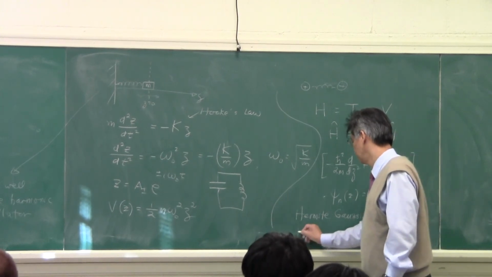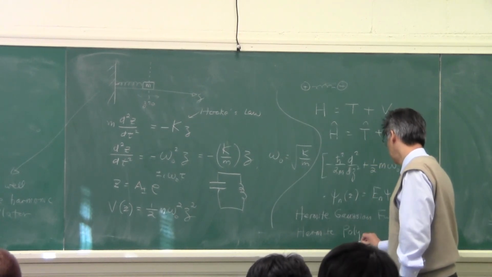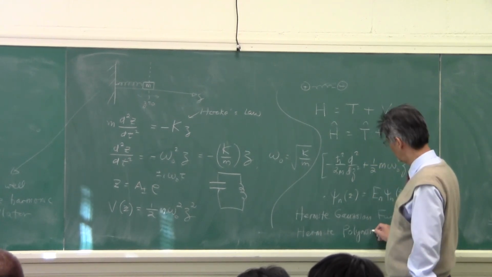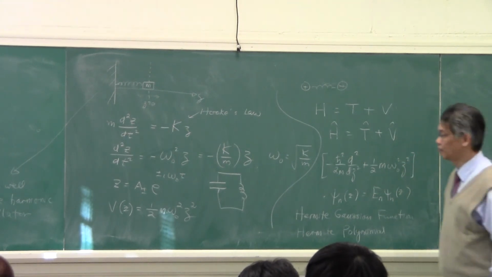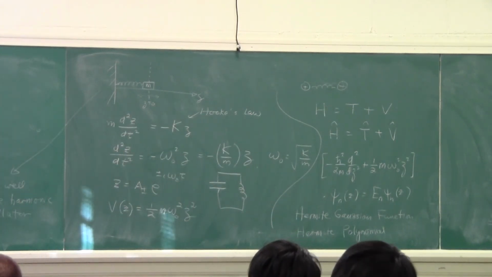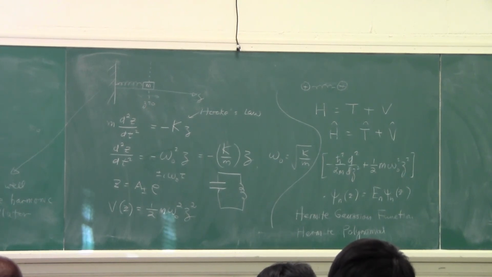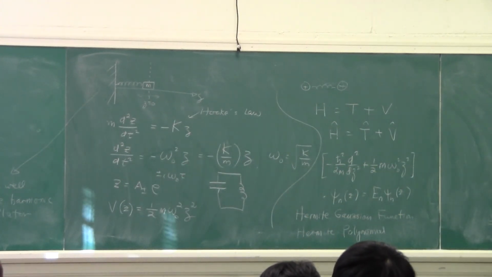And there is a class of polynomials called the Hermite polynomials. But the Hermite polynomials themselves are not enough to describe the physics, because the solution has to be exponentially decaying outside the well. So you multiply the Hermite polynomials with the Gaussian function, and you get the Hermite-Gaussian functions. It forces the solution to be exponential outside, and that is how the solutions look.